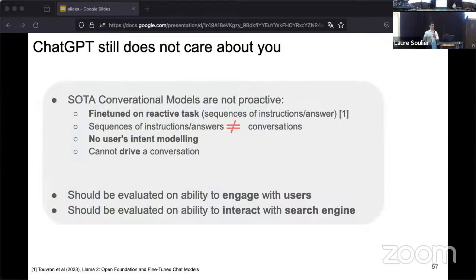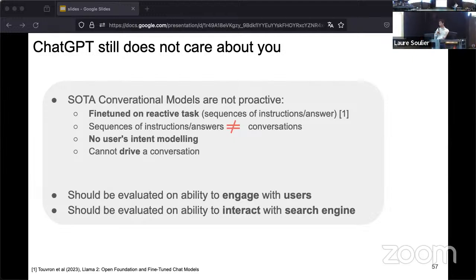However, these models still are not proactive. They are trained solely on reactive tasks, which are typically sequences of instruction and answer. And so they cannot drive any conversation.